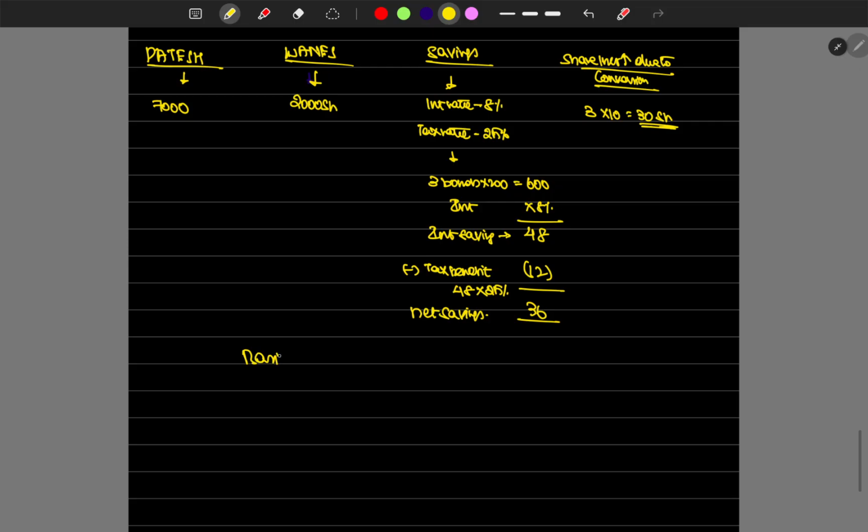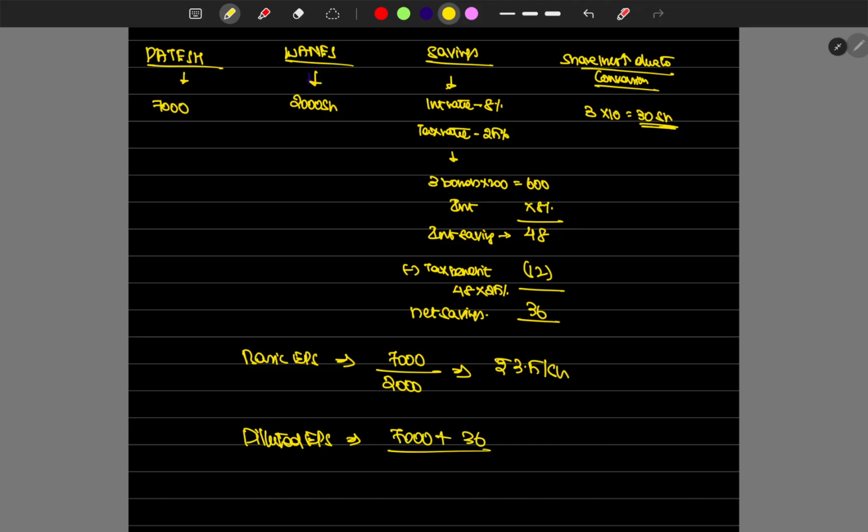Let's quickly calculate the basic EPS. What's the basic EPS? Patesh divided by Vanesh 2000, which is 7,000 divided by 2000, which is 3.5 per share, the basic EPS. Diluted EPS, which is 7,000 plus what's the savings we have, 36, right?